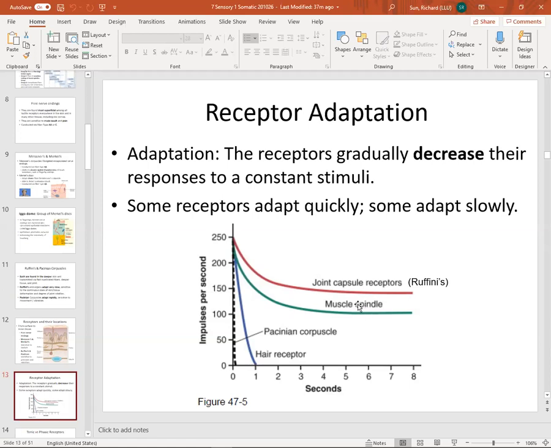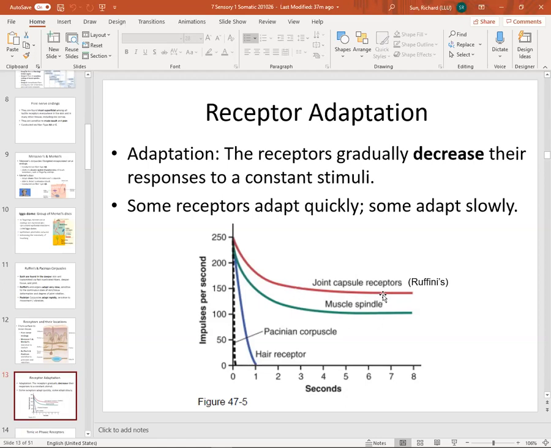Others adapt slower, like the joint capsule receptor. This is Ruffini. And also muscle spindle. These adapt slow. These are especially important because we need the signal from them, even though you are probably not aware of this feeling, like the one in the joint capsule receptor of Ruffini or muscle spindle.